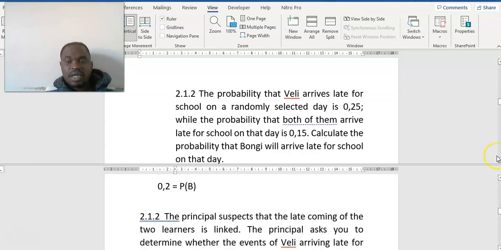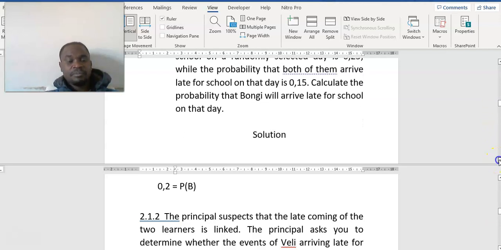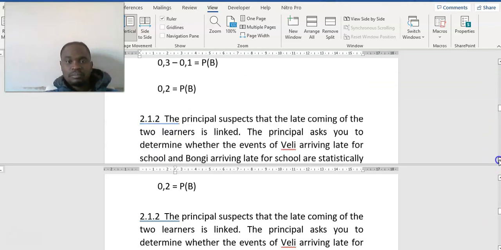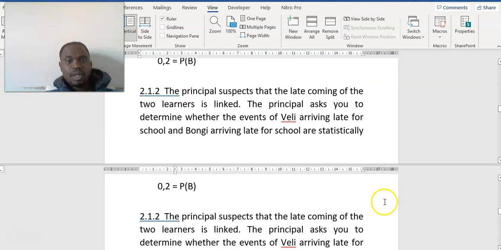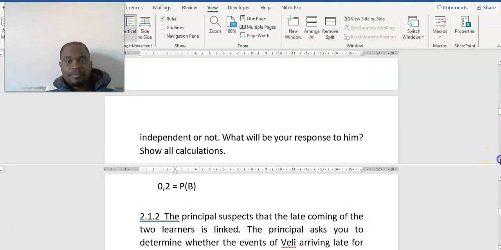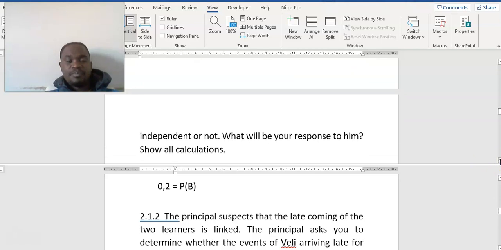Then let's move on to the next question. The principal suspects that the late coming of the two learners is linked. The principal asks you to determine whether the event of Verily arriving late for school and Bongani arriving late for school are statistically independent or not.